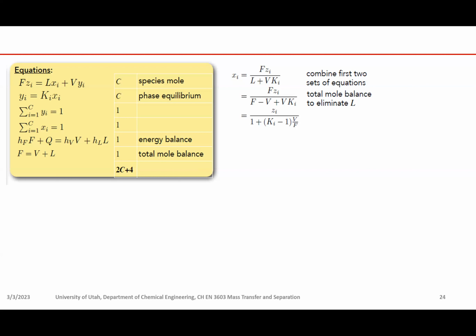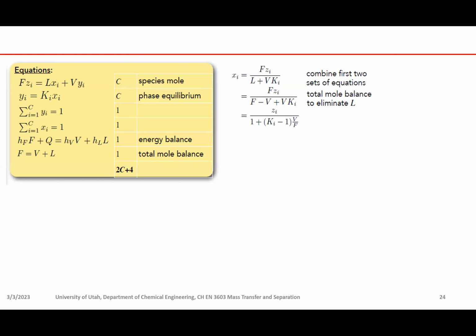So Xi now depends on Zi, F, L, V, and Ki, right? Now we know that from the total mole balance, that's this equation, F, V, and L are interdependent, right? So then we can eliminate L from this equation, L equals F minus V, right? So you replace L with F minus V, and now we further reduce one parameter in this equation. Then you just do some organization, right?